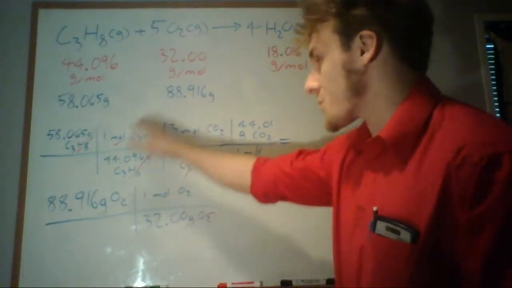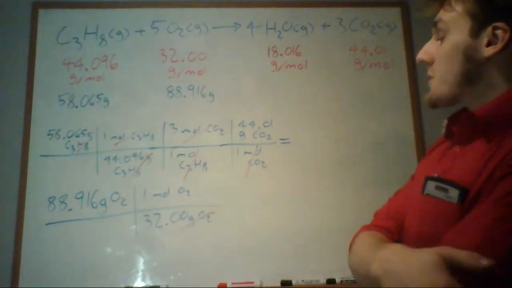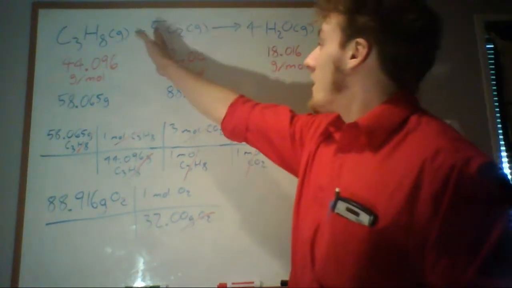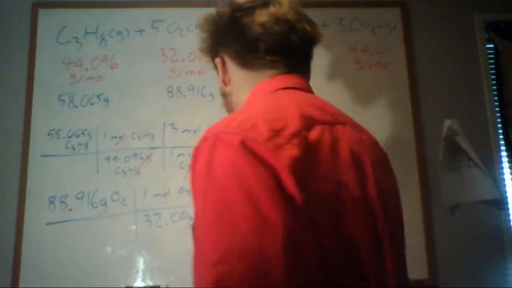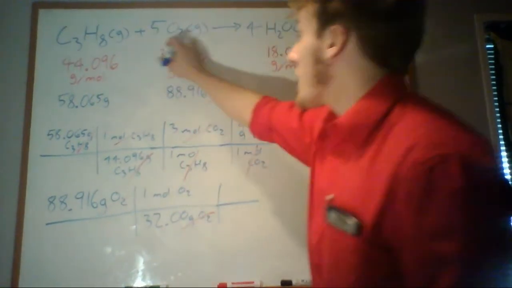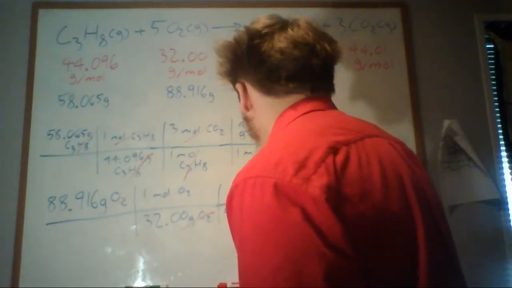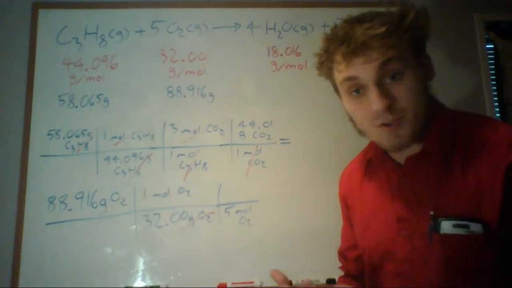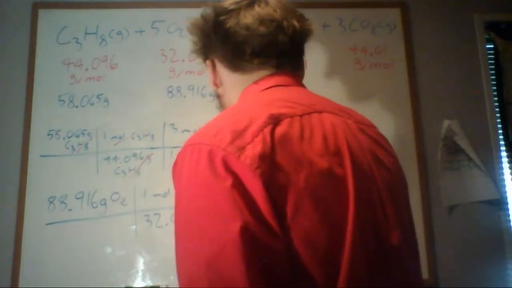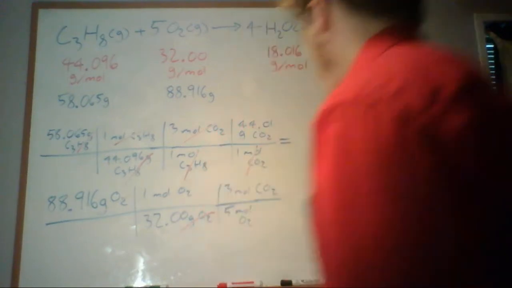Very similar to what we did up here with propane, right? Well, the reaction stoichiometry this time looks like it's a 5-to-3 relationship. So for every 5 moles of O2, we'll get 3 moles of CO2.